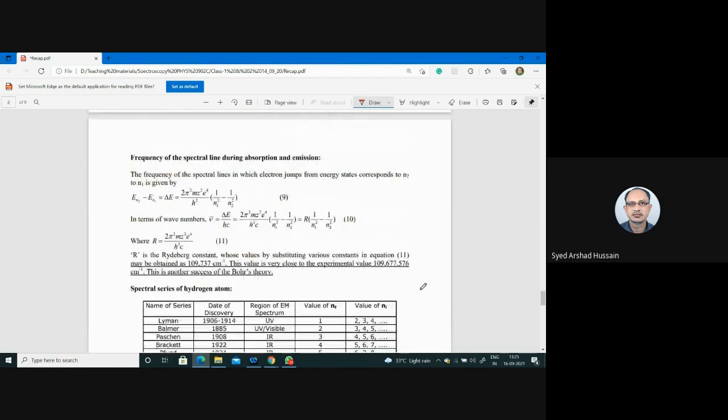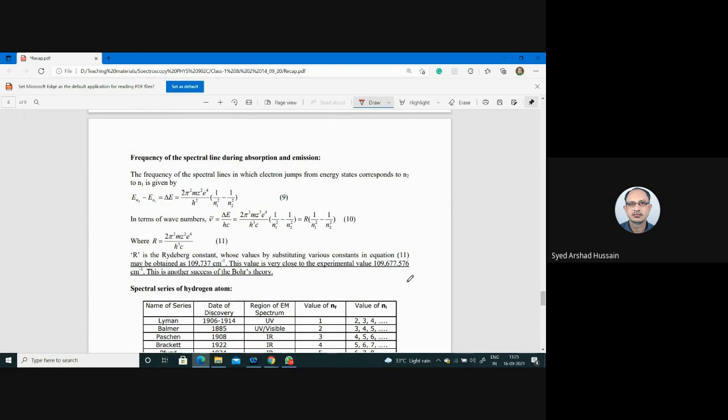Again, one can have an idea about the frequency. According to Bohr's theory, if you supply energy and the energy is suitable, then the atom will be excited. That means the electron goes from one level to a higher level. This is known as excitation, and it absorbs some energy.